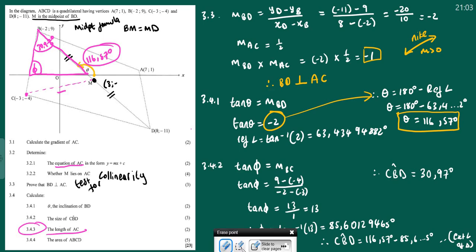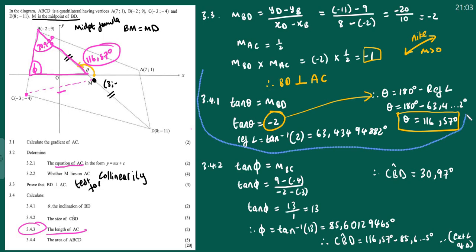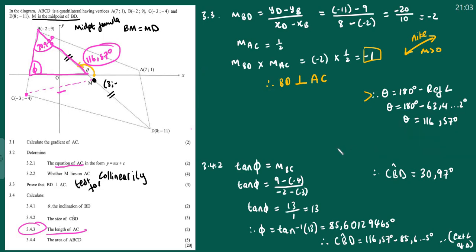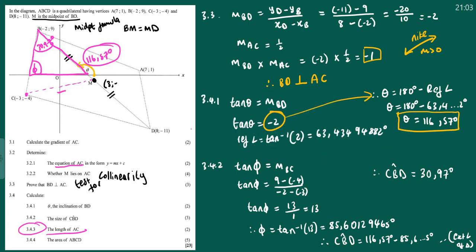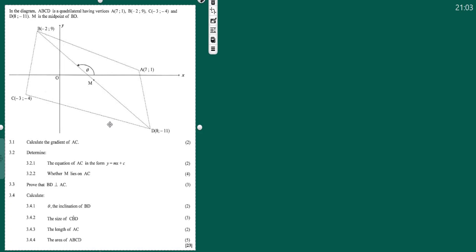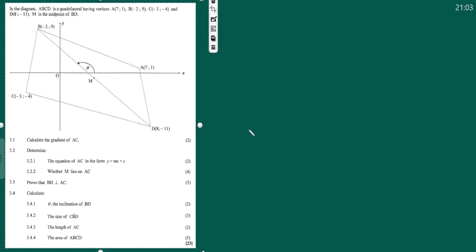I think here we can remove on top here, or maybe let me do this. Copy. Yeah, we need the length of AC.